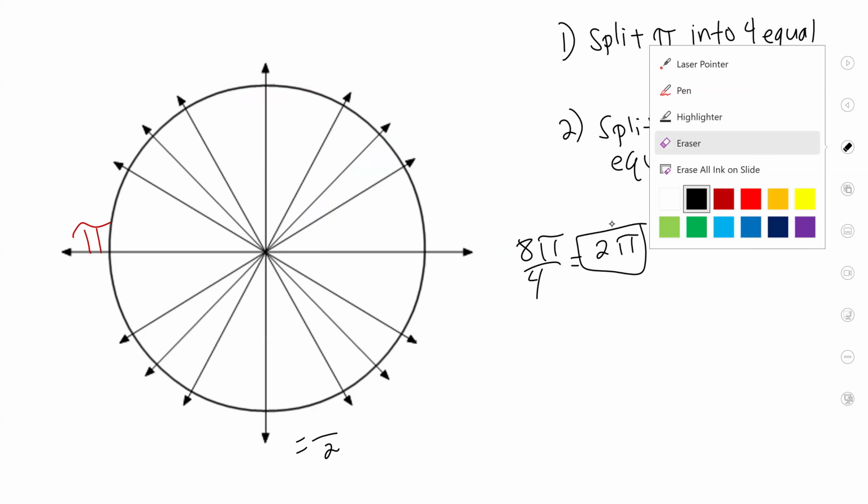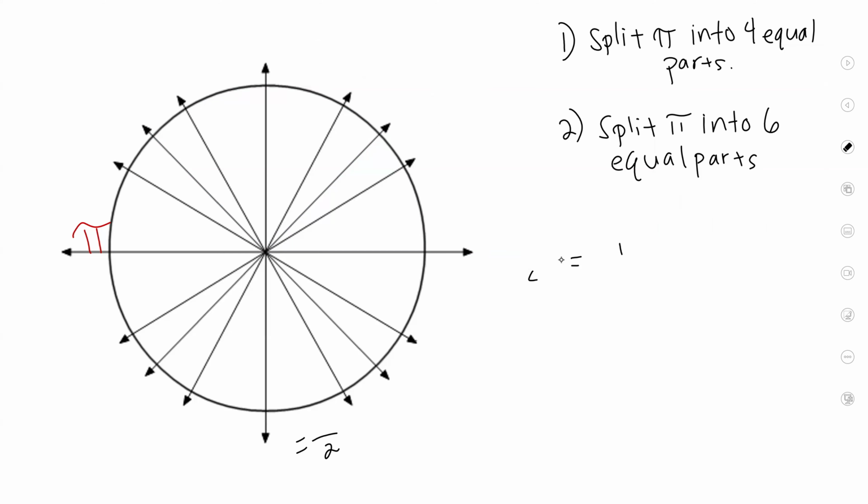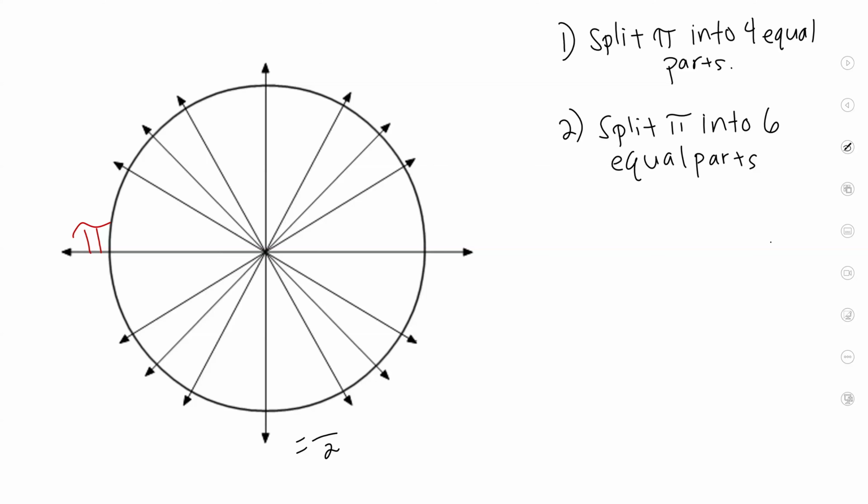All right. Oh, let me erase this. Okay, so now we're going to split pi into 6 equal parts. So this is 1, 2, 3, 4, 5, 6.